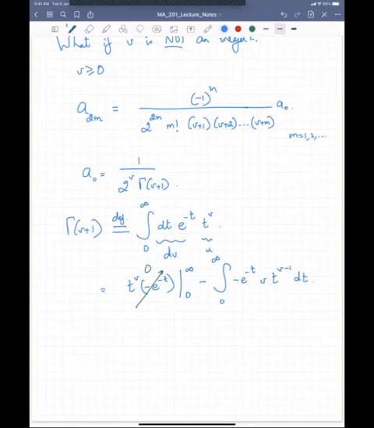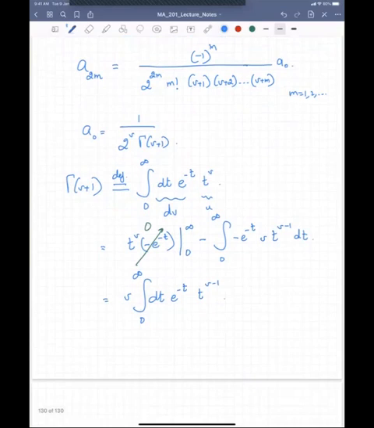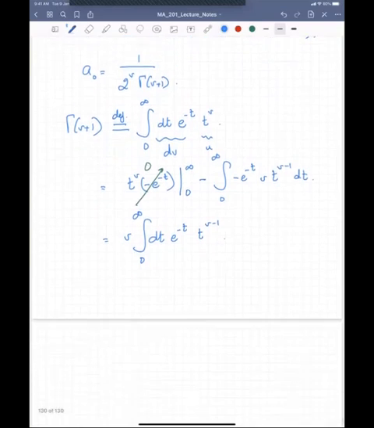And I have, this is equal to nu times the integral from 0 to infinity dt e to the minus t, t to the nu minus 1. But if you look at the definition of gamma function, the gamma of nu plus 1 is dt e to the minus t with t to the nu. So obviously this is therefore the definition of gamma nu.